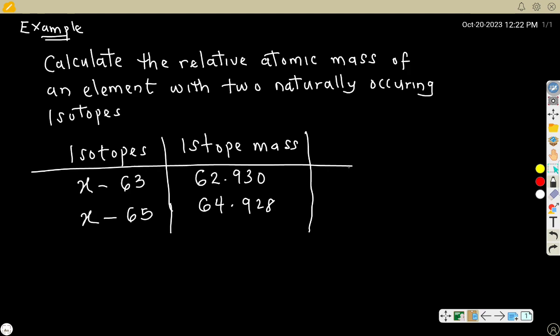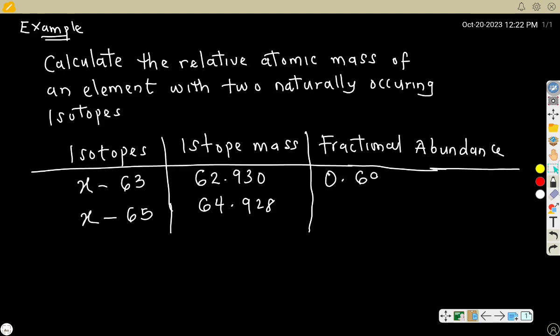We also have fractional abundance: 0.6909 and 0.3091. This fractional abundance serves as percentage.